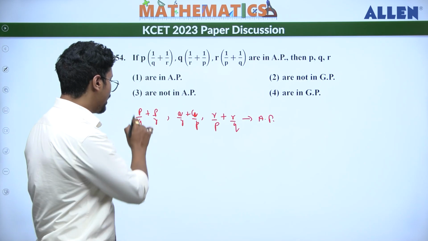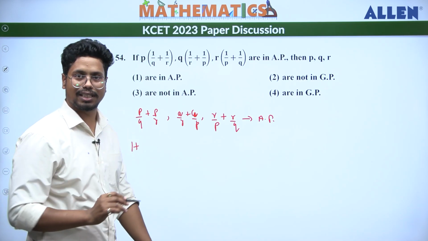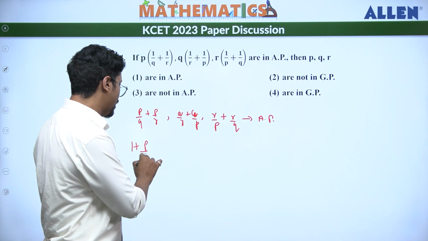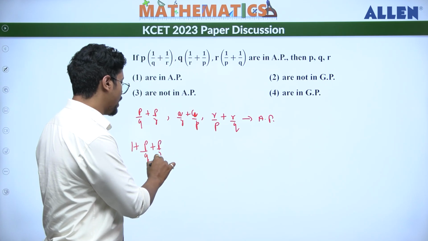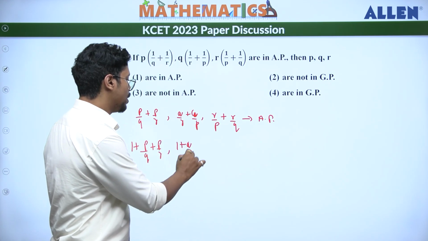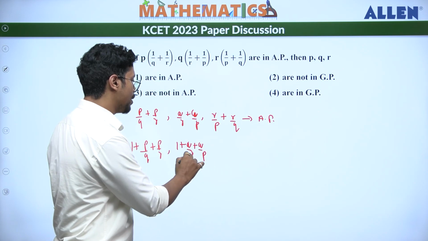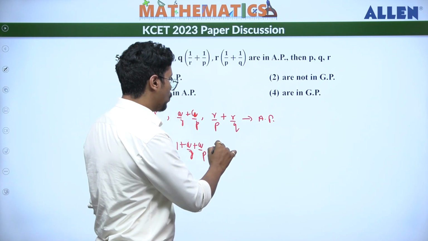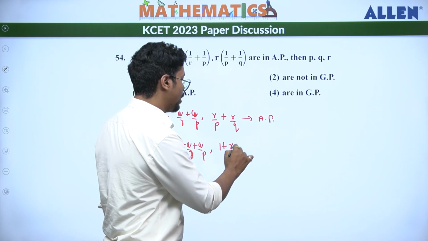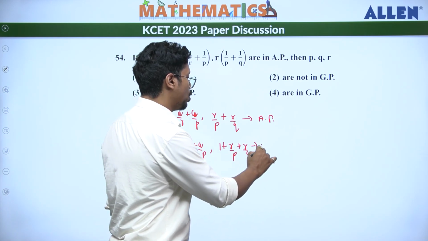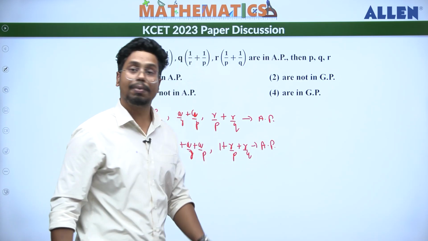Now see all of you, if I add 1 to each and every number, then this will become 1 plus P by Q plus P by R, 1 plus Q by R plus Q by P, 1 plus R by P plus R by Q. So this will also be in AP only.